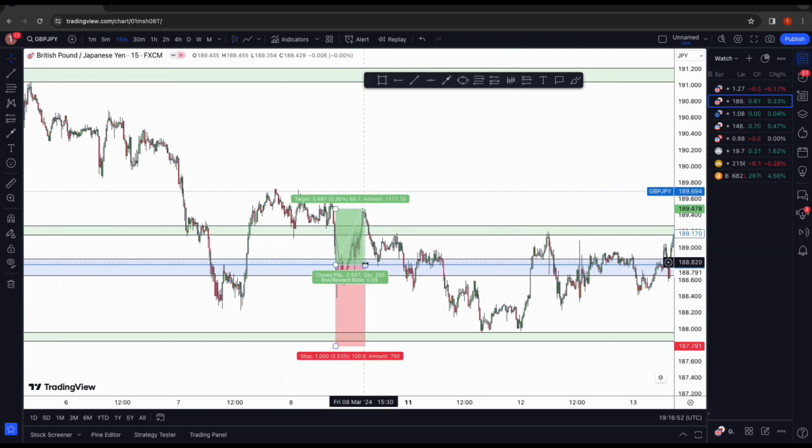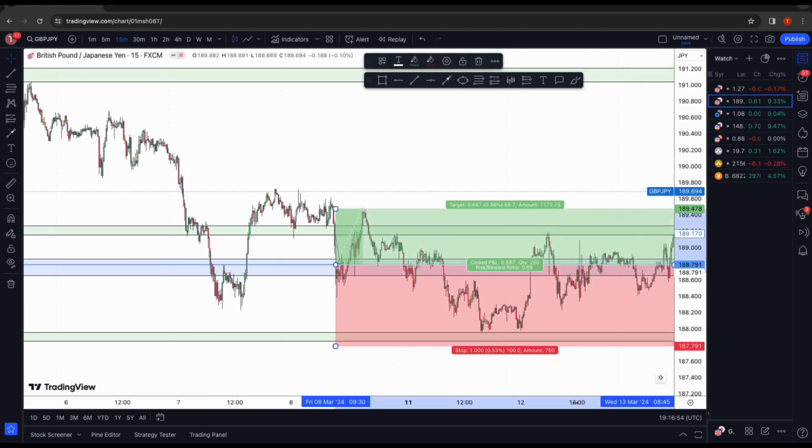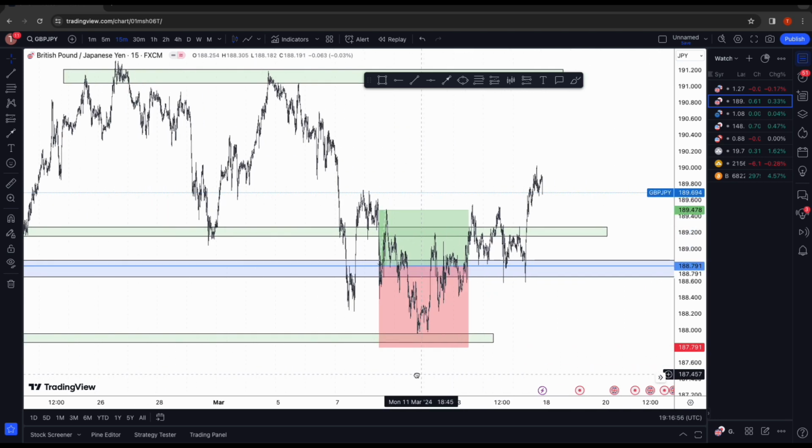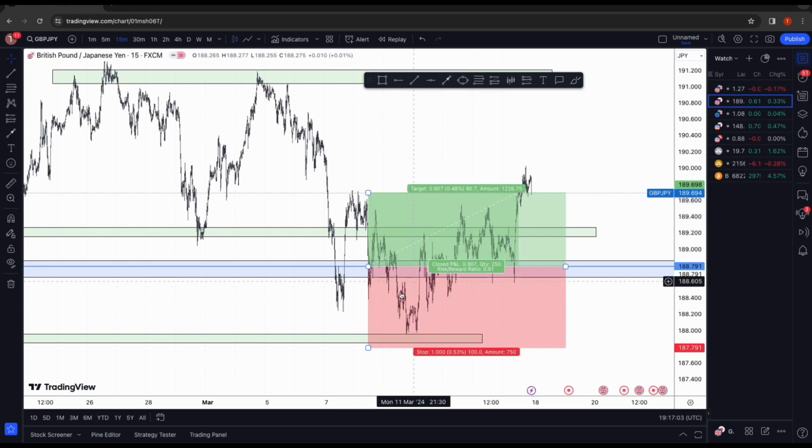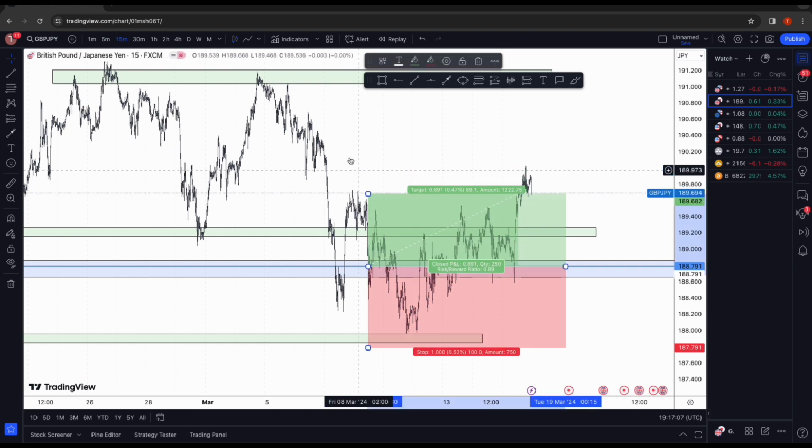But I thought it'd be interesting to see what would happen if I held it, and after a while it would start going in my direction. But would you want to hold it for a week just to get maybe a 1-to-1? Not worth it really. So let's start fresh.